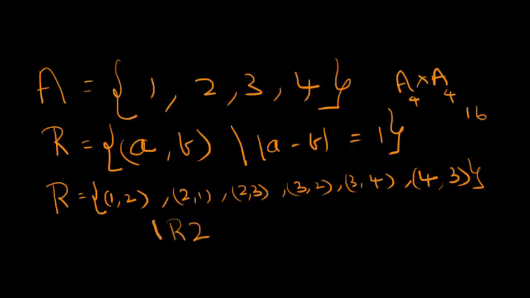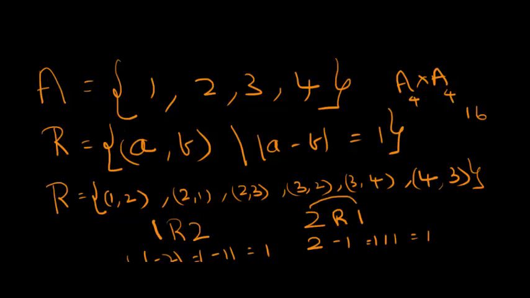I see that 1 is related to 2 under R because 1 minus 2 is minus 1, and the modulus of it is 1. 2 is related to 1 under the same relation because 2 minus 1 is 1. Likewise, 2 is related to 3, and 3 is related to 2.